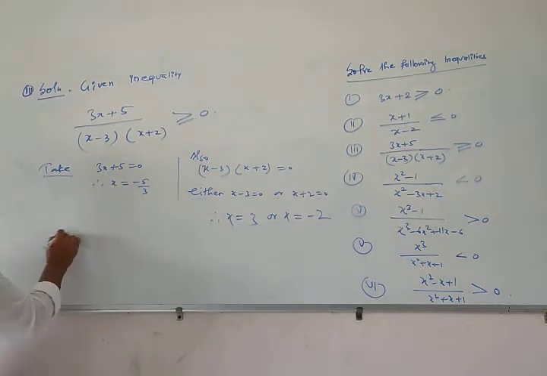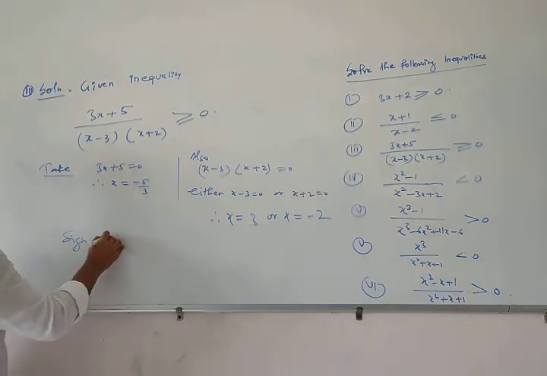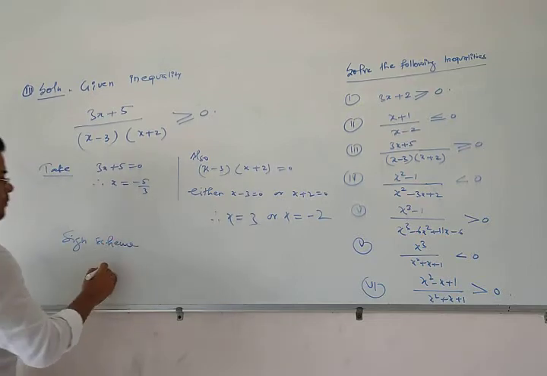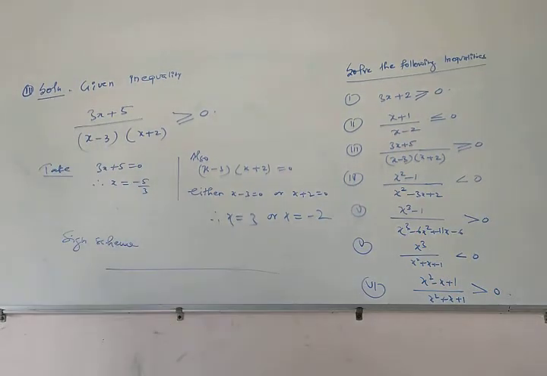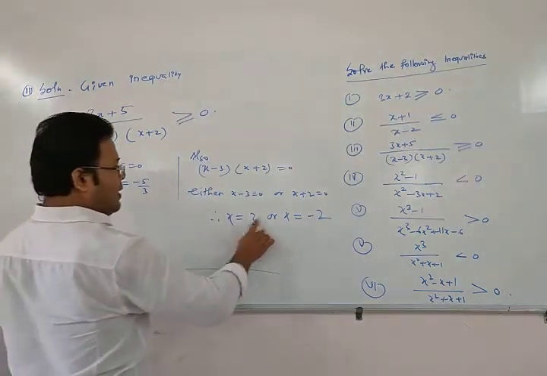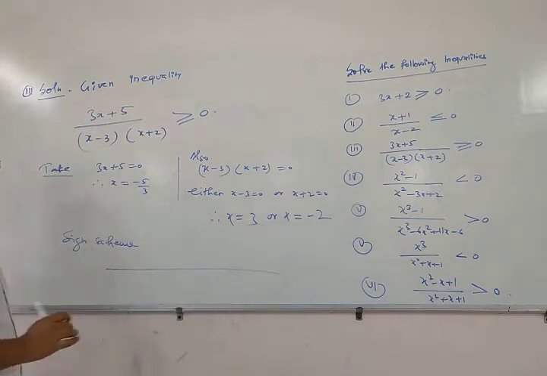Now we can take the sign scheme. The roots are 3, -2, -5/3.